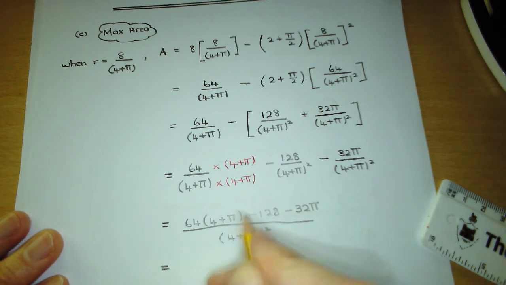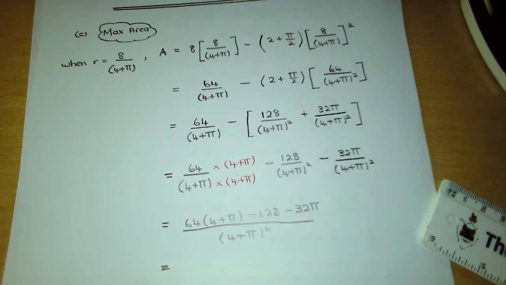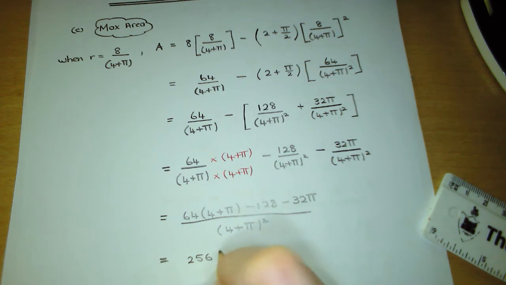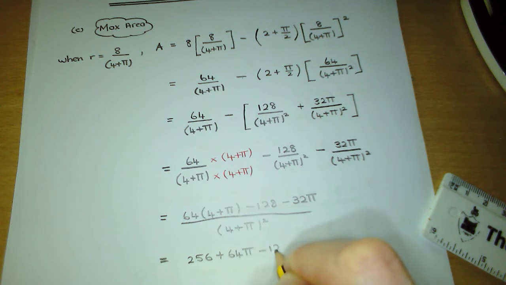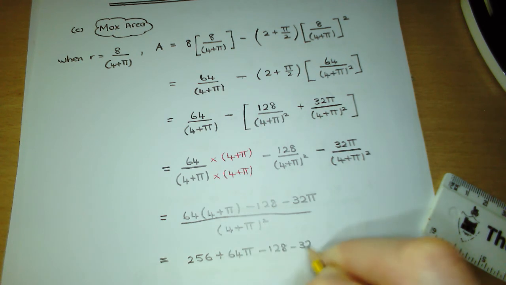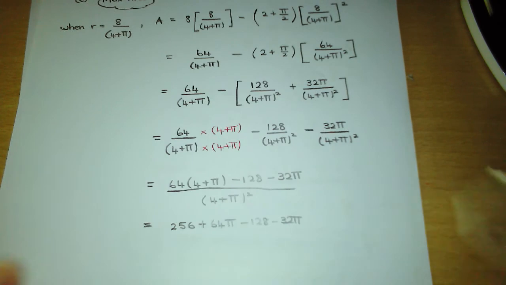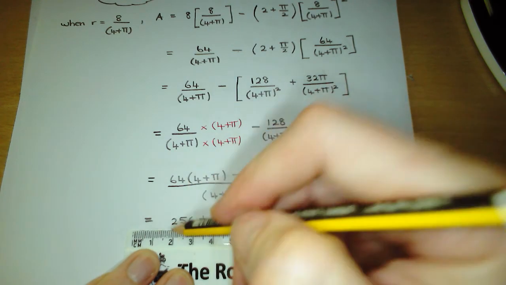Okay, multiplying the brackets in the top line, we've got 64 multiplied by 4 is going to give us 256 plus 64 pi minus 128 minus 32 pi, and again that's all over 4 plus pi all squared.